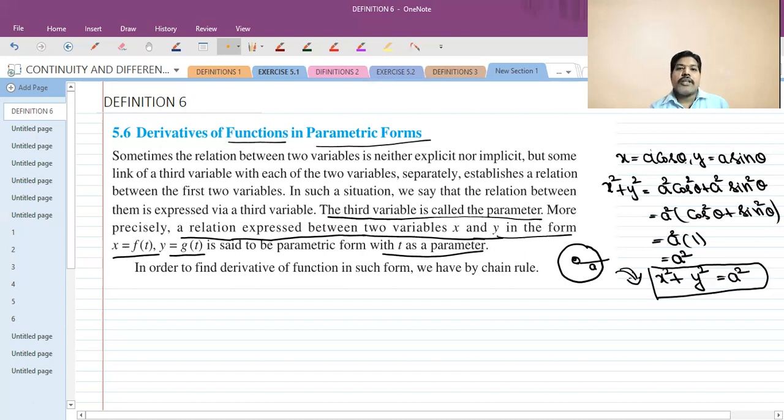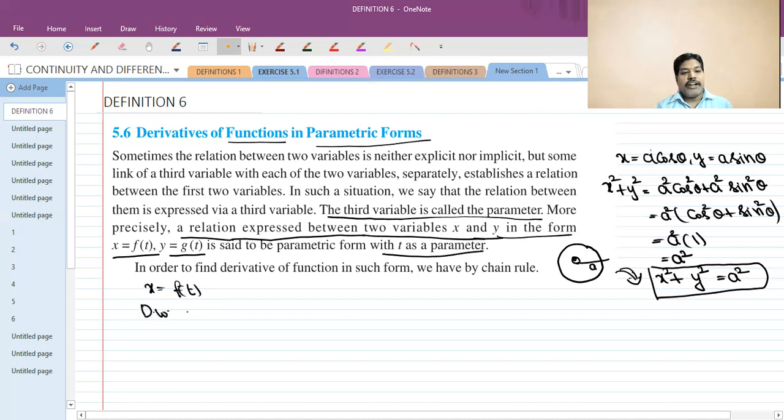Are you understanding that? Here theta is the parameter, and if the functions are in the form x is equal to f of t and y is equal to g of t, these are the parametric equations, and t is the parameter. So then how to calculate the dy by dx value? First, students, x is equal to f of t.